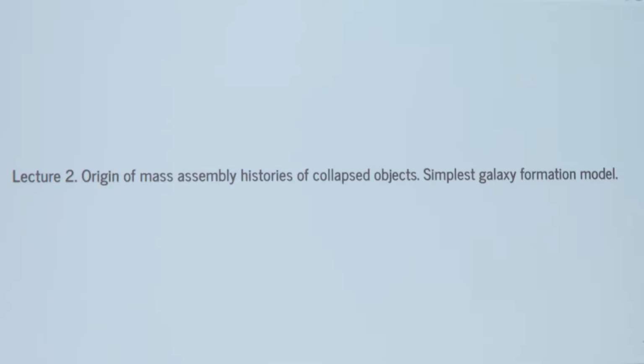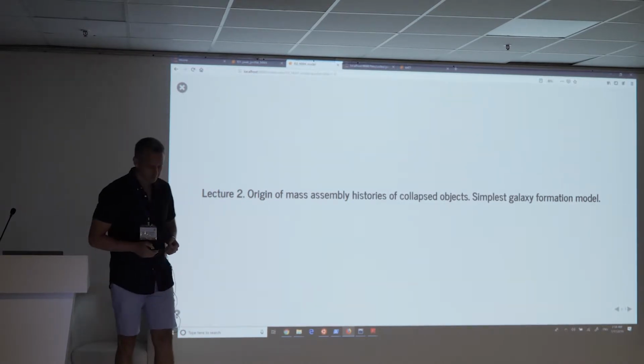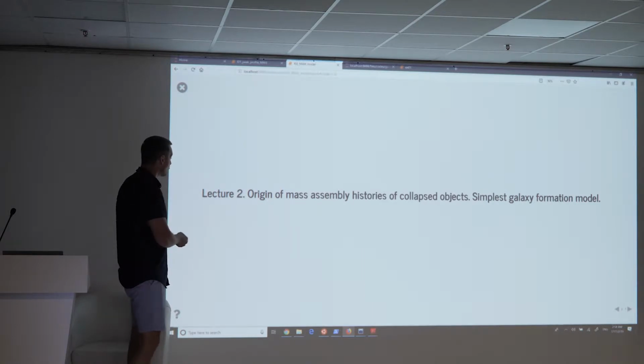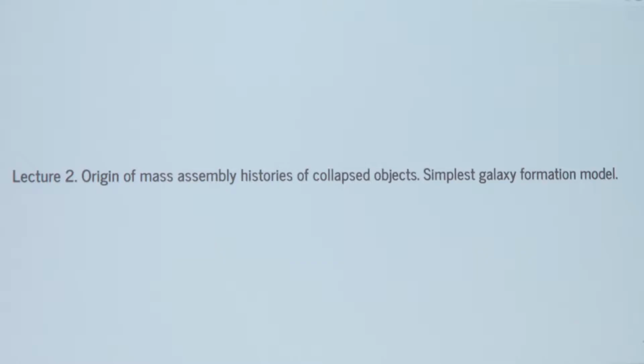of collapsed objects. In particular, yesterday I already showed you how halos collapse and how their mass of the main progenitor grows. Some of you may have tried the exercise to play with these things extracted from simulations and a simple approximation. Today I'll focus on origin, so trying to understand why the mass assembly history is the way it is, why simulations show us a particular mass accretion history.